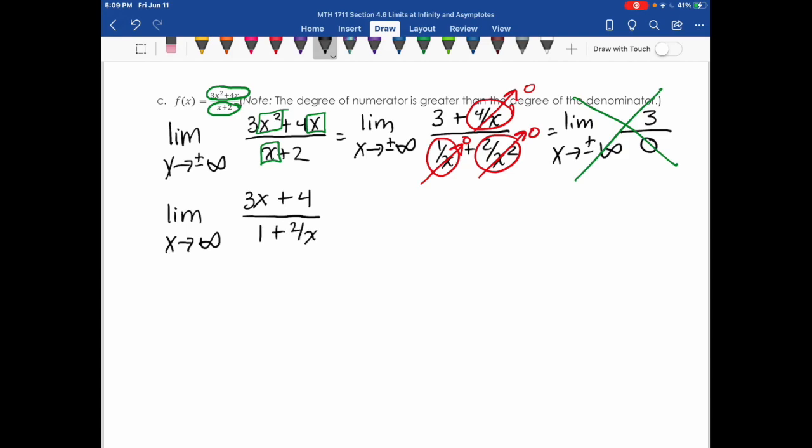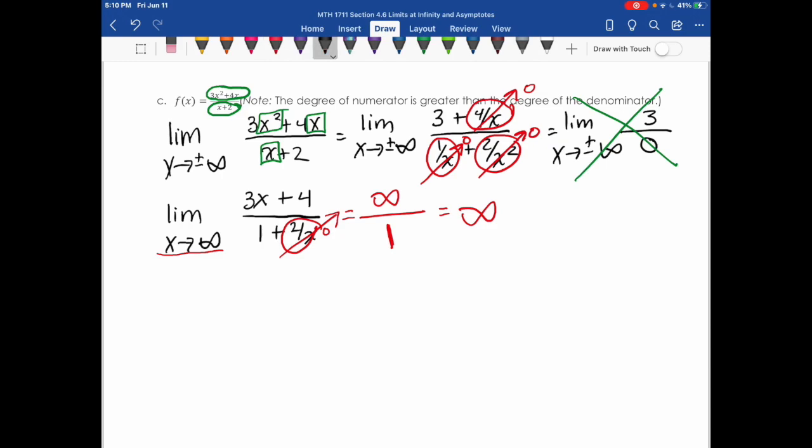So now, when I plug in large positive numbers, because I'm doing x goes to positive infinity, this goes to 0, which means the denominator is going to approach 1, because I have 1 plus 0 in the denominator. And then on the top, as I plug in really, really large numbers for x, that numerator is going to get bigger and bigger, and it's going to go to infinity. So the limit as x goes to infinity of this rational function is going to be infinity.